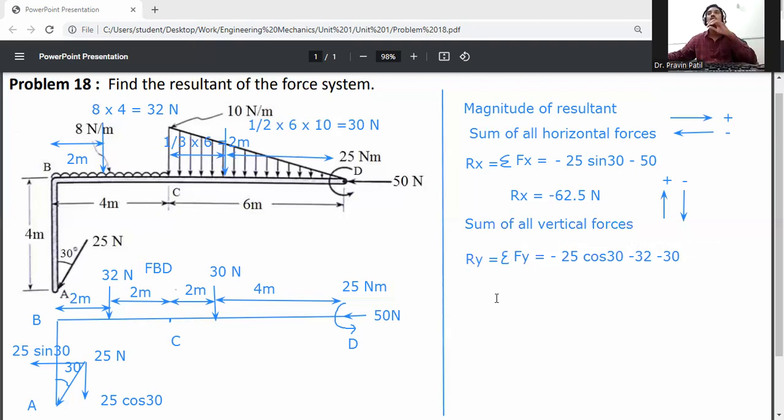So Ry is equal to minus 25 cos 30, then minus 32, then minus 30. It will be minus 83.650 Newton.